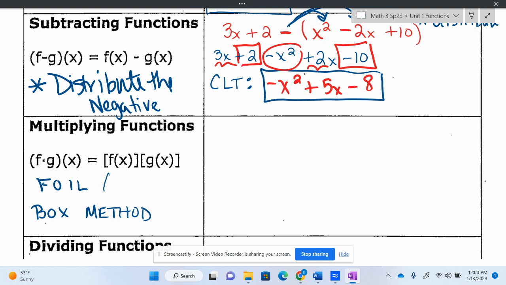Two terms in each one. That's like A plus B times A minus B. That's when we want to FOIL. But if we have more than two terms in each one of our functions, the box method is probably the best way to go.